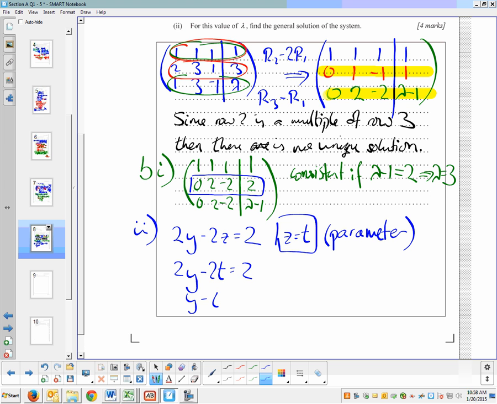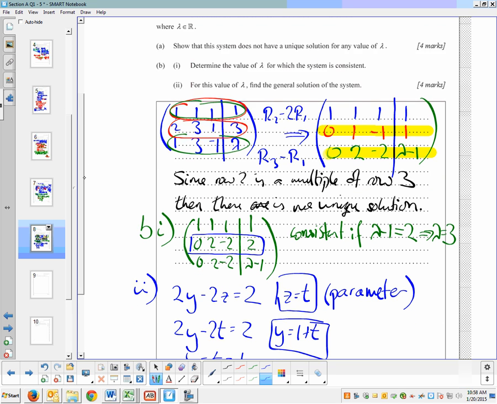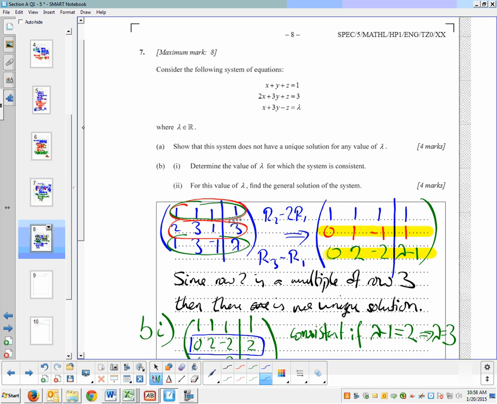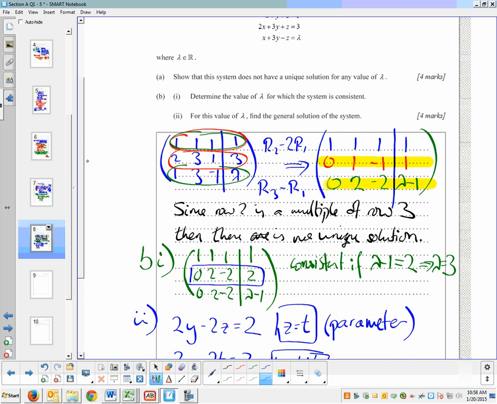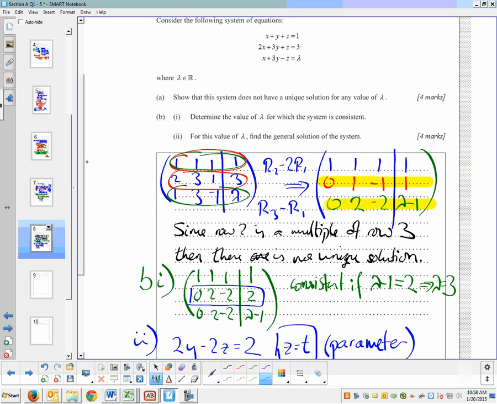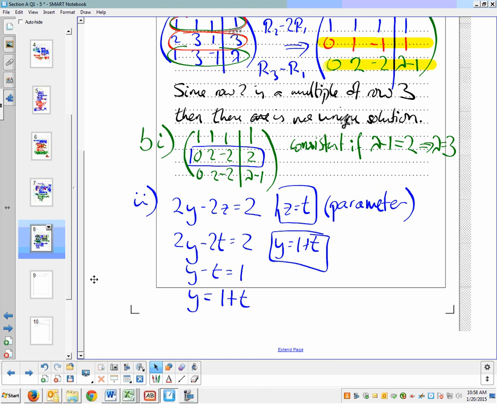So obviously, can divide that by 1. You get y is equal to 1 plus t. There's the next part of my parametrization. And then the last one, I can go back to the rows, or I can go back to the original set of equations, x plus y plus z equals 1.